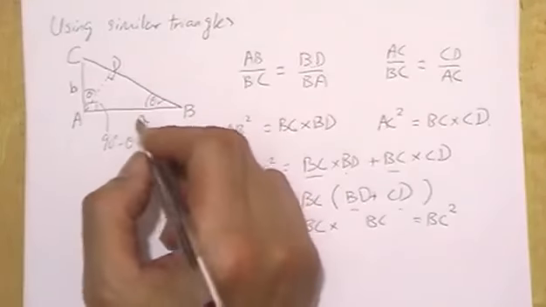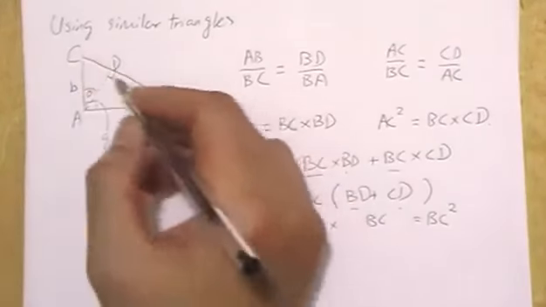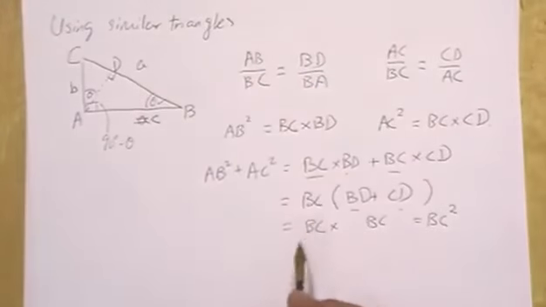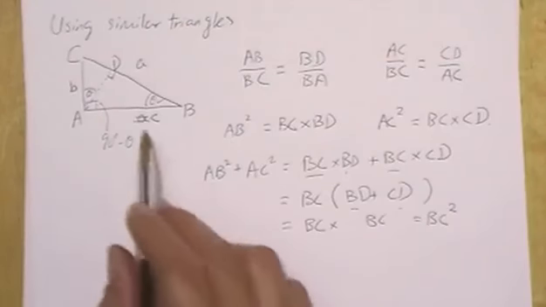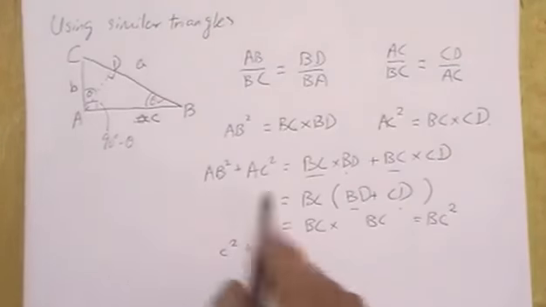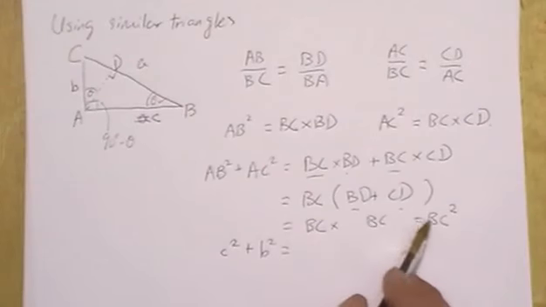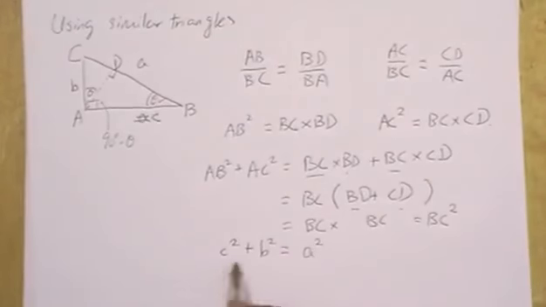Conventionally, I should call this letter C, since it's opposite to the corner big C. And if I call that side A, then in this simpler notation, AB would be C squared, AC is B squared, and BC is A, so A squared. So now we have once again proven the Pythagoras theorem.